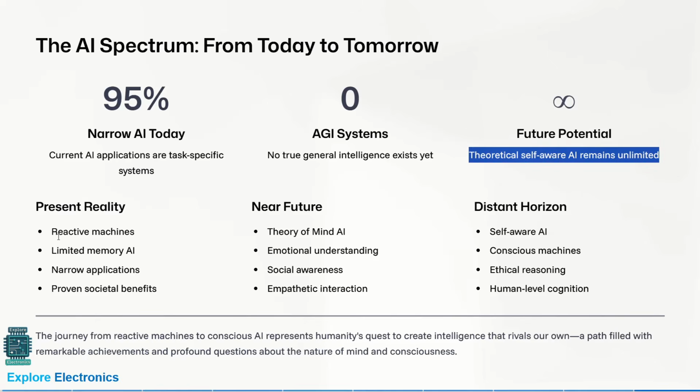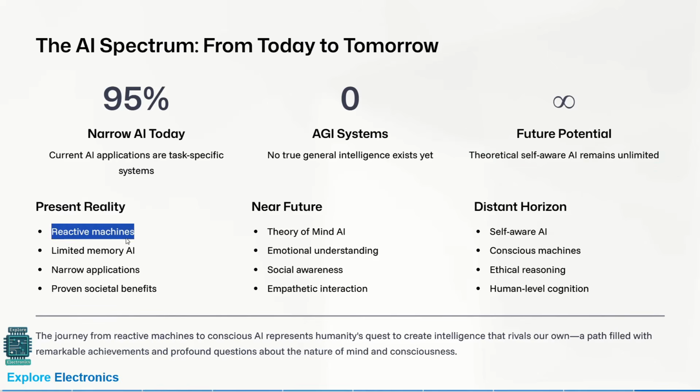So present reality is that we have reactive machines, limited memory AI, narrow applications, and proven societal benefits. Near future is theory of mind, emotional understanding, social awareness, and empathetic interaction. And the distant horizon, the very far future, is self-aware AI, conscious machines, ethical reasoning, and human-level cognition.